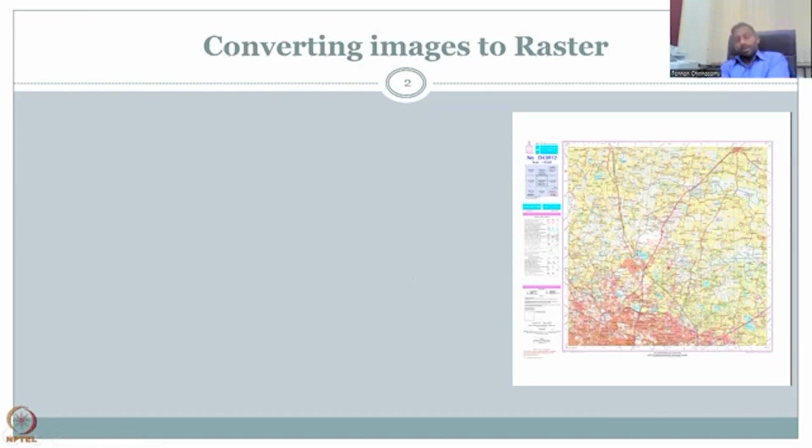So the first aspect we will look at is converting images to raster. So we know that images already have a gridded fashion. For example, the image on the screen is a map's image. It's a digital scan. So it was a paper, and the paper image, which is digitally processed or triangulated using survey data, it is scanned.